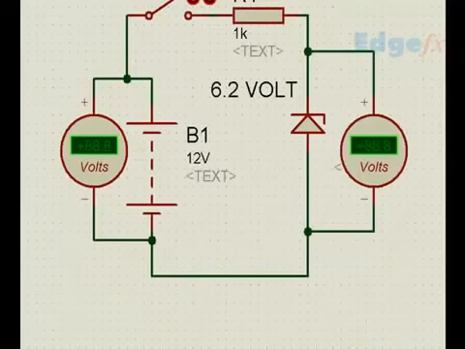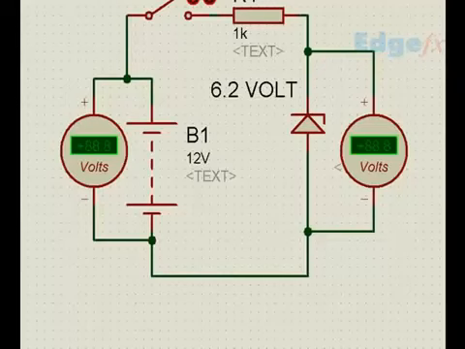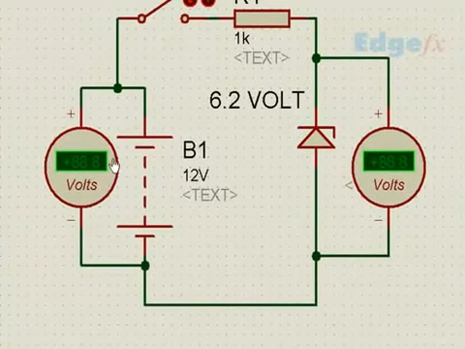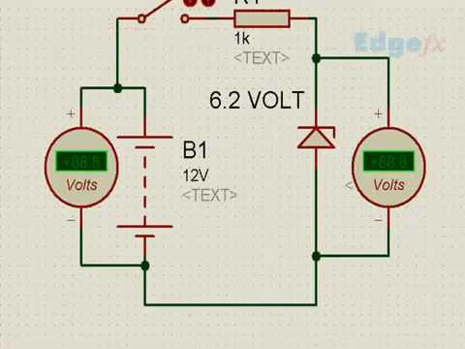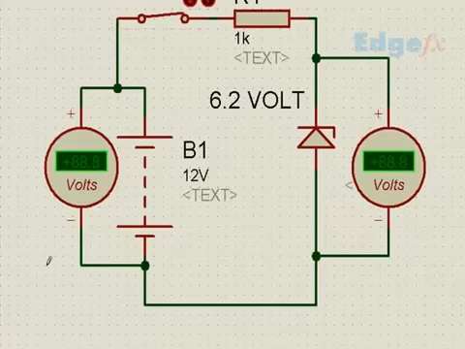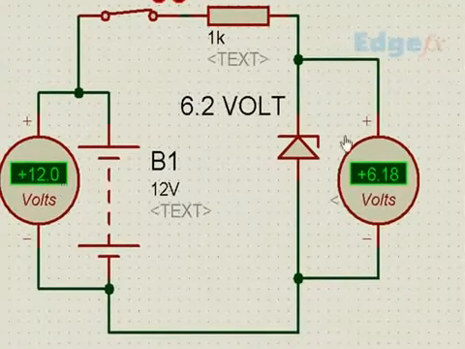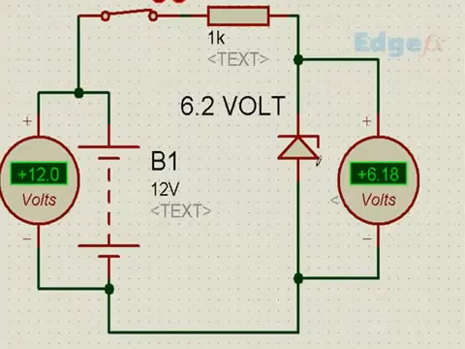Like this, where we have certain arrangements made, a Zener diode of 6.2 volt, and we have used a power supply of 12 volts, and when we operate this, we'll see that the supply is 12 volt, and since the Zener is 6.2 volts, it roughly shows about 6.18 volts.